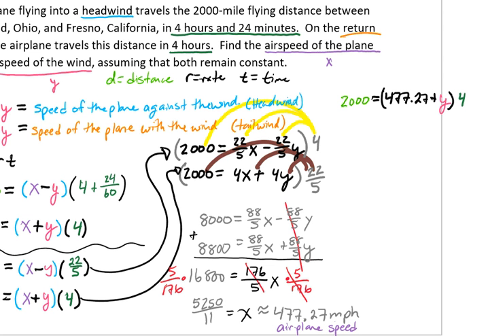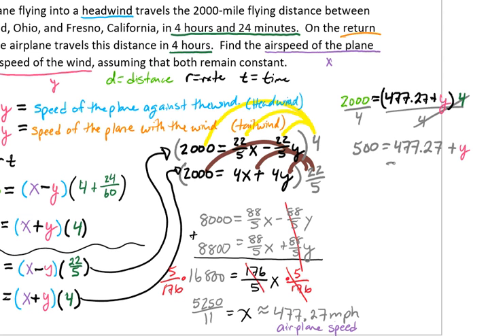All right, so in this particular instance, I am now going to divide both sides by 4 just to make that a whole lot smaller number-wise and a lot easier to deal with. And that's going to give me 500 equals 477.27 plus the y.